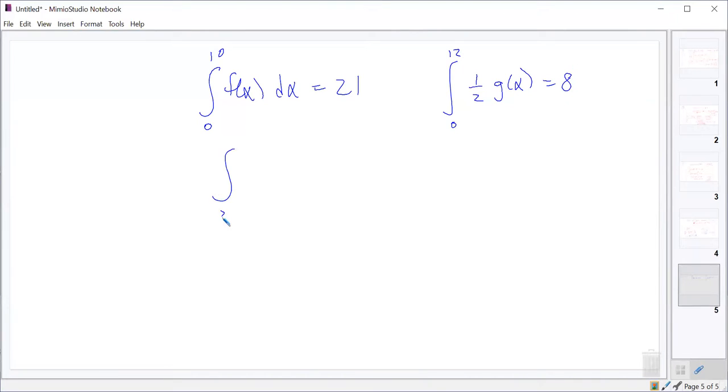We've got an integral from 3 to 10 of f of x minus g of x is 2. And we want to know the integral from 0 to 3 of f of x minus g of x. So, yeah.